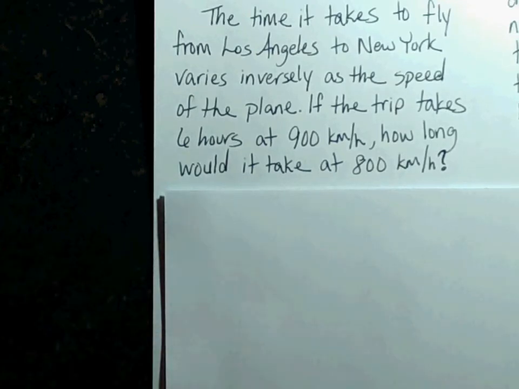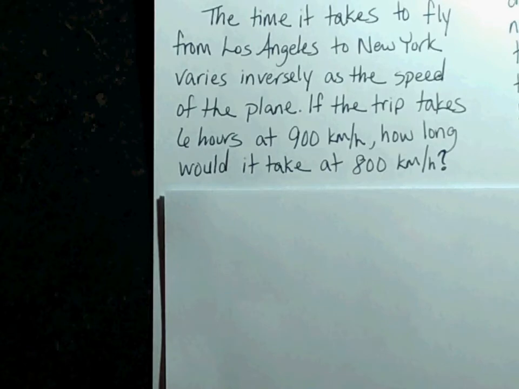The time it takes to fly from Los Angeles to New York varies inversely as the speed of the plane. If the trip takes 6 hours at 900 kilometers per hour, how long would it take at 800 kilometers per hour? Again, you're freaking out because you're reading a problem.